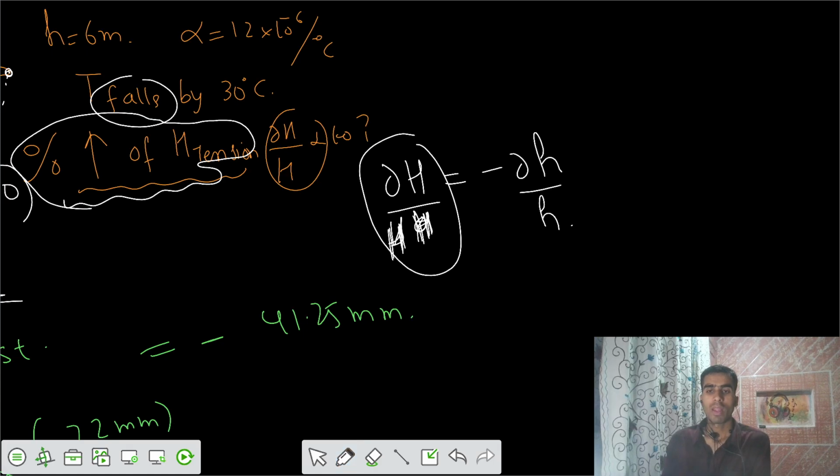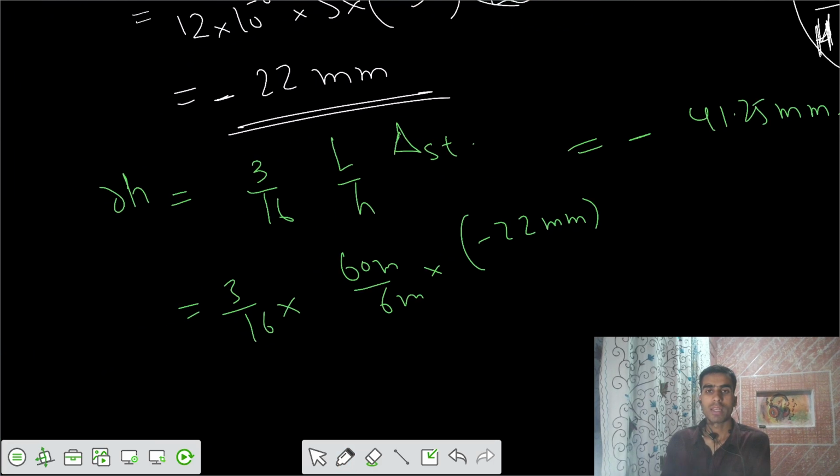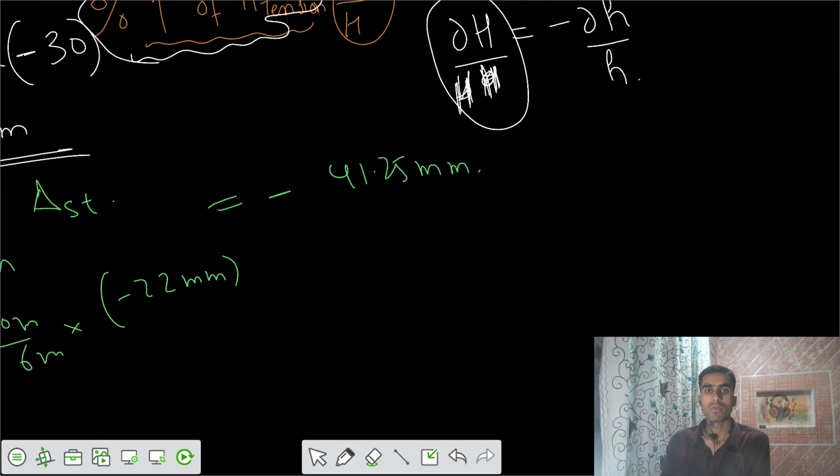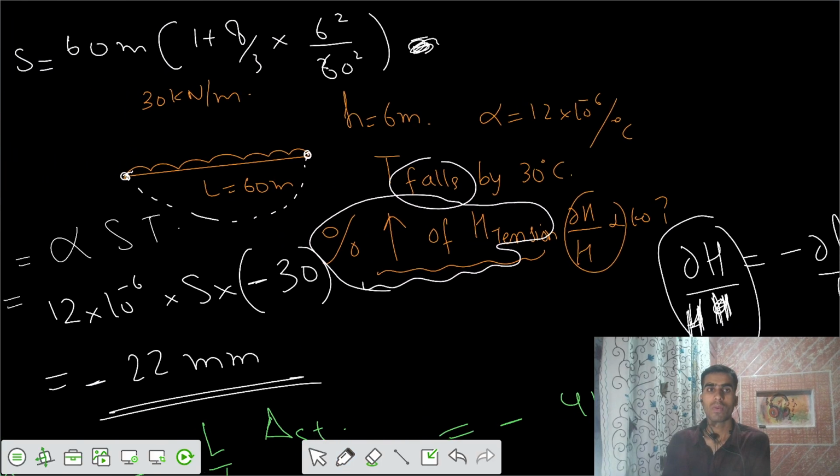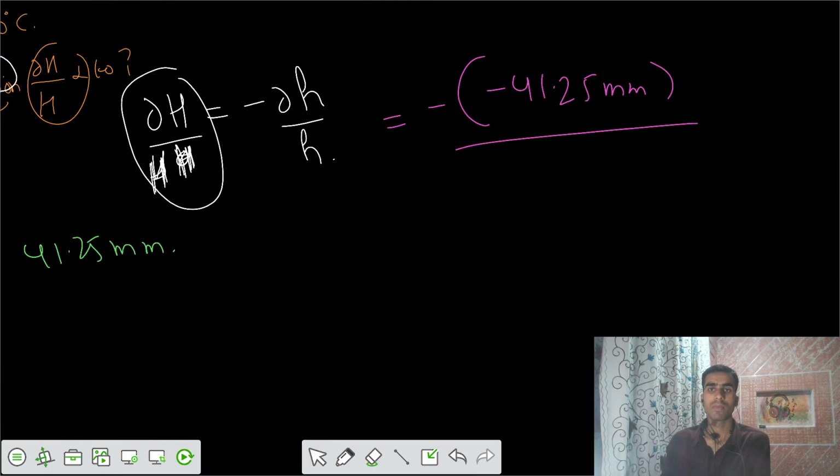Now we got this value of delta h as minus 41.25 millimeter, and the initial sag was 6 meter, so 6,000 millimeter.